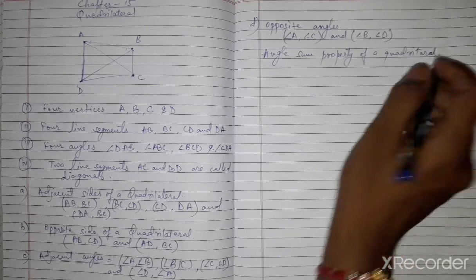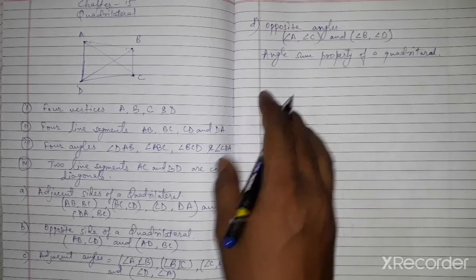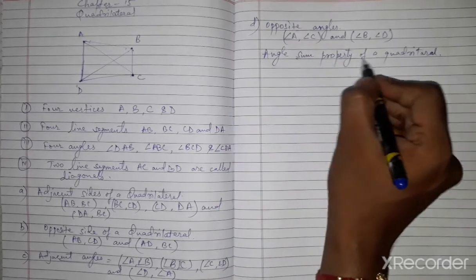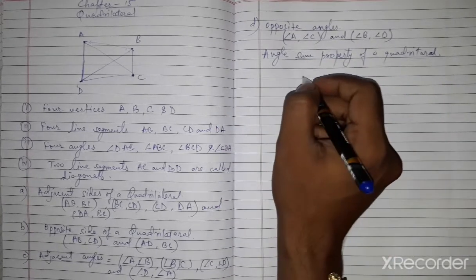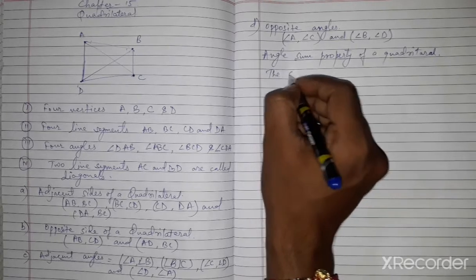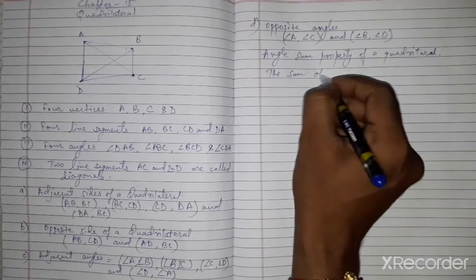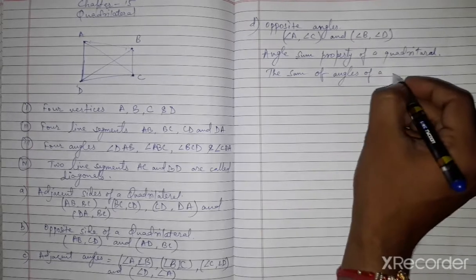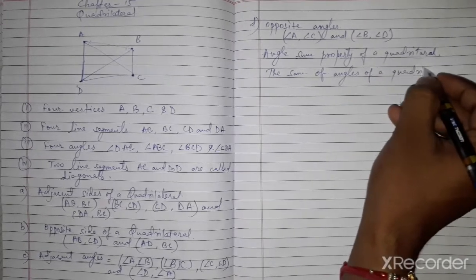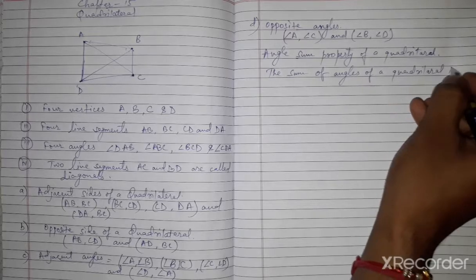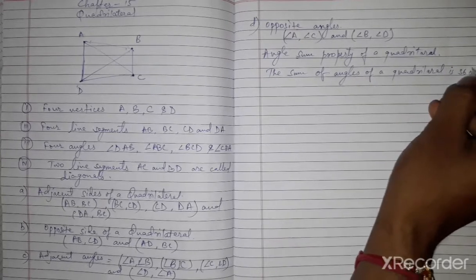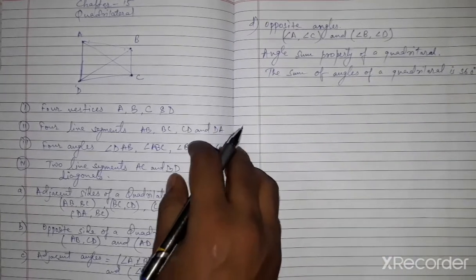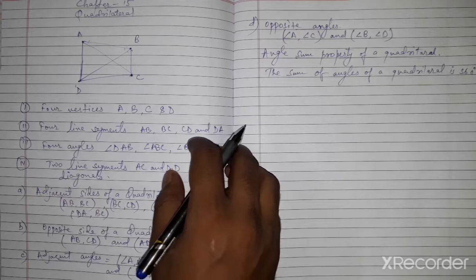Now what is the angle sum property of a quadrilateral? It states that the sum of the angles of a quadrilateral is 360 degrees. So this is the angle sum property of a quadrilateral.